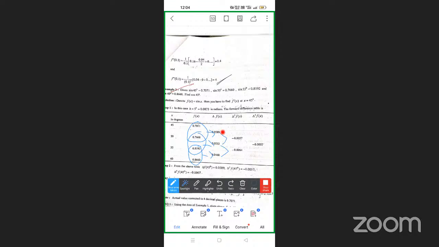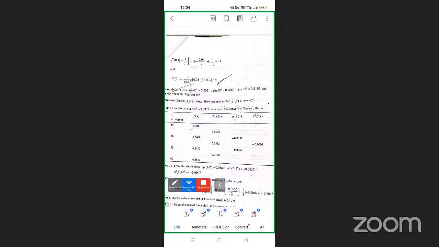So these are the differences. Here, the difference between these two is delta cube. So this is the forward difference table, with delta, delta square, delta cube.